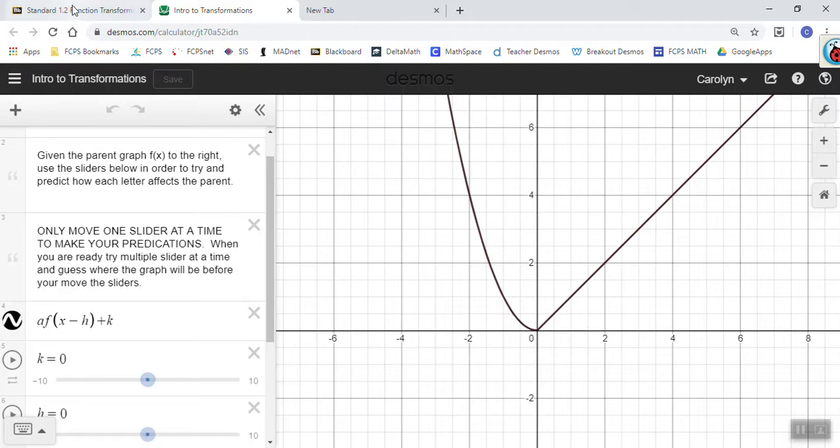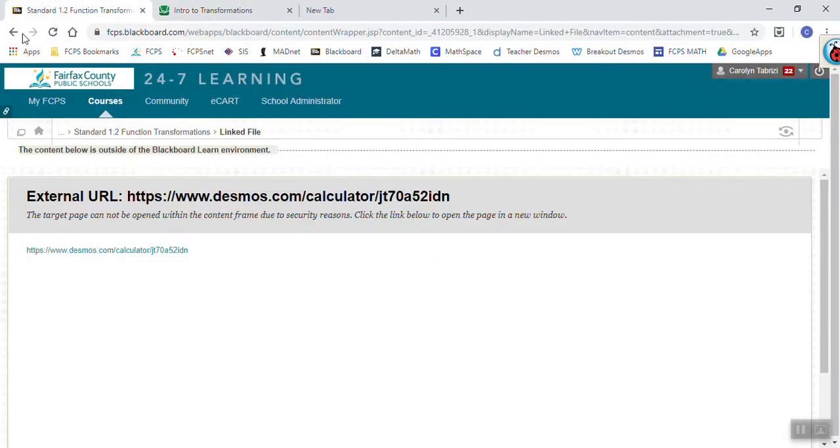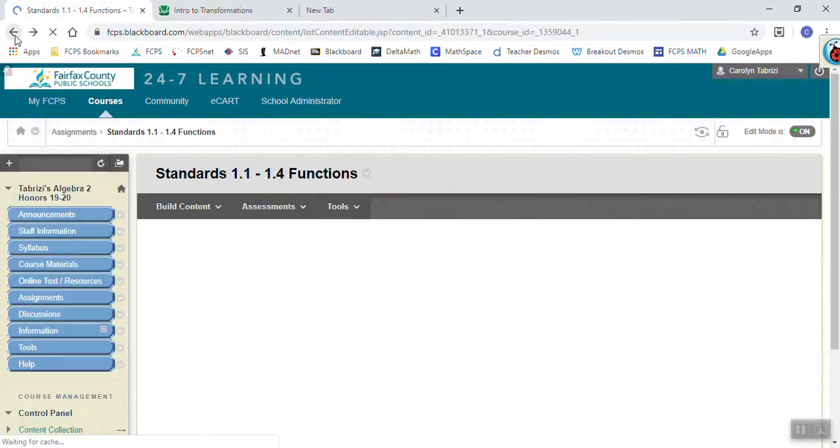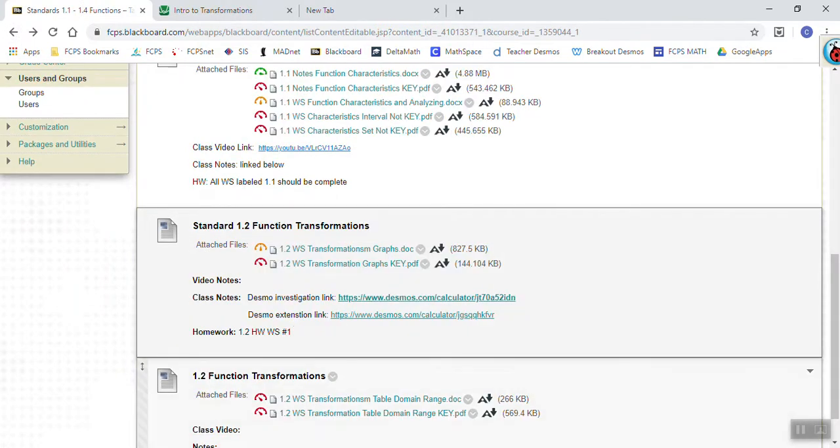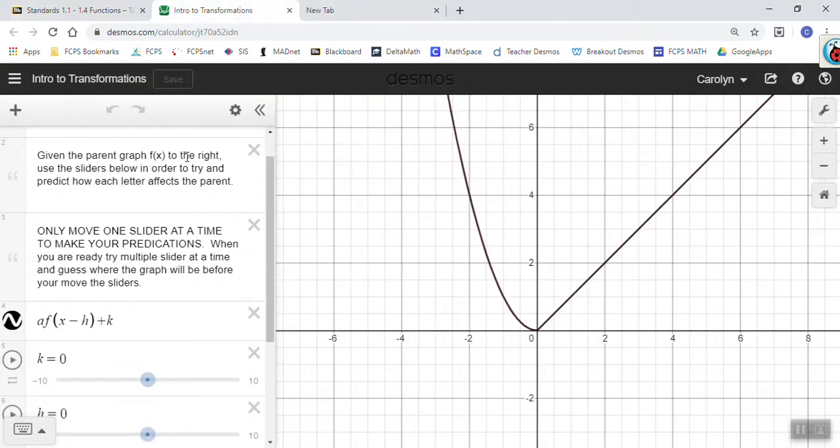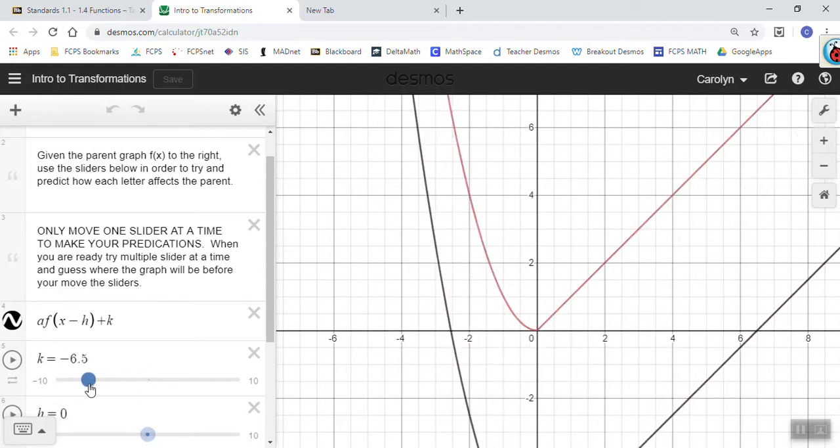If you are in Blackboard, there should be a link in the 1.2 notes section. Right here. There you go. Okay, so go for it. Slide your k.